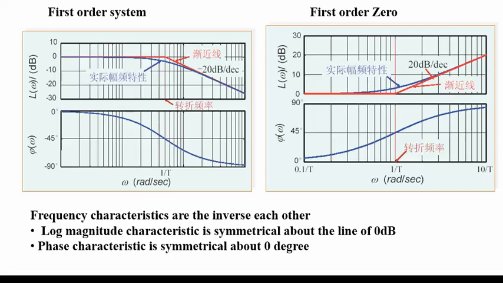You see where the asymptotes meet, this is the corner frequency, with the 1 over t. And here you see these plots. You read them? Asymptotes, right? Okay.